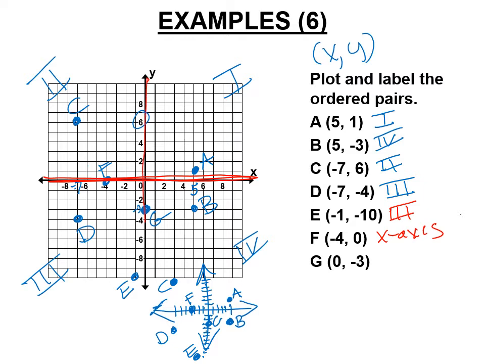G is on the y-axis. It's on the fence between the quadrants, so it is not in either quadrant on either side. So there are 6 locations in a coordinate plane: the 4 quadrants, and then being on the x-axis or being on the y-axis. The origin is not a 7th place because the origin is on both the x-axis and the y-axis. That's how that works.